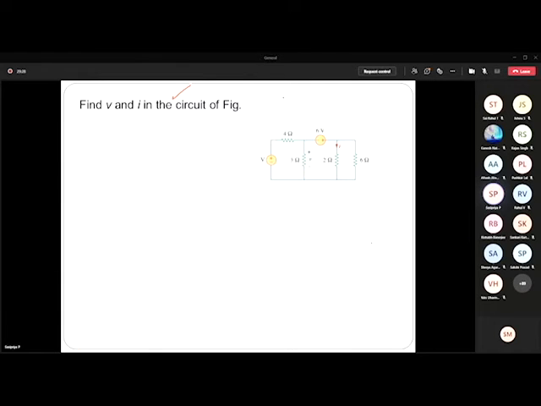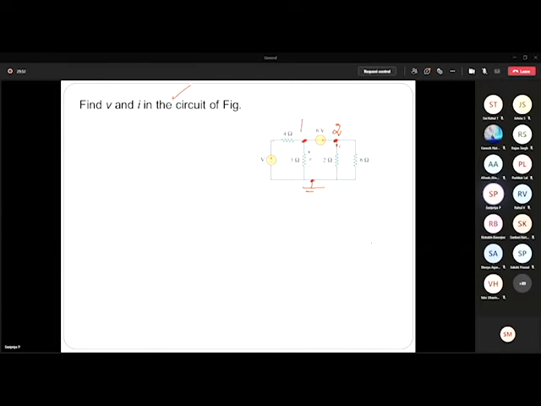Which node can be treated as the reference node? Obviously, this is the reference node. And how many nodes do I have here? These two are one, so node 2, and then this is node 1.